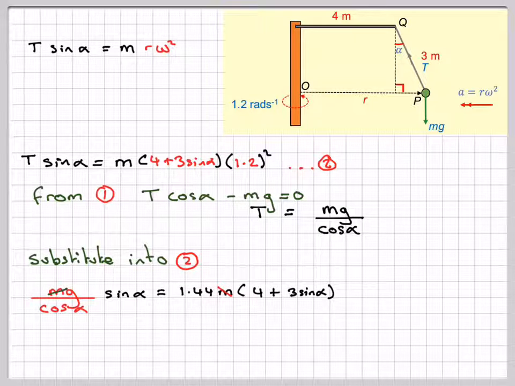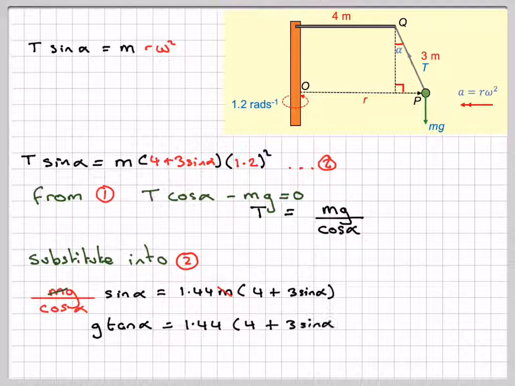Even if there's no rider, it would all be the same mechanics. So m has no effect on this problem whatsoever. If we rearrange, sine alpha over cos alpha is equal to tan alpha, so we have g tan alpha is equal to 1.44 times 4 plus 3 sine alpha.